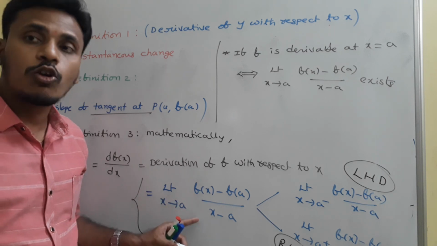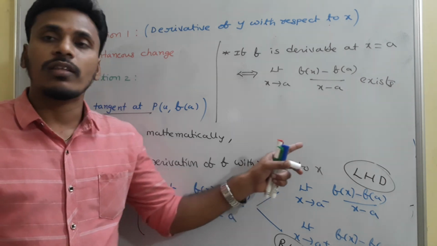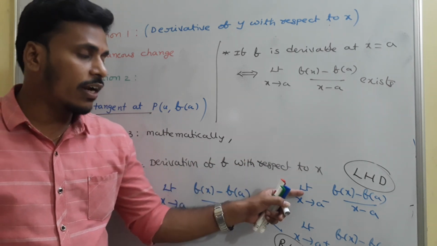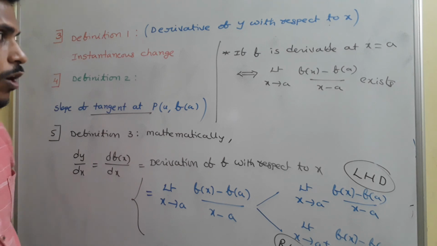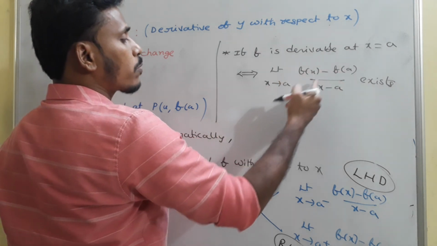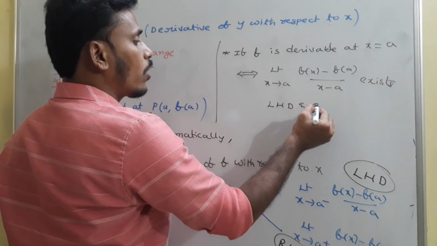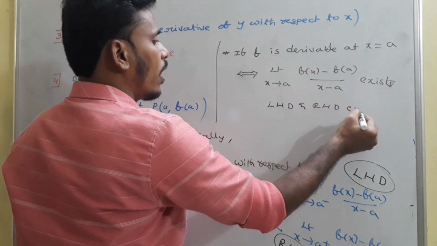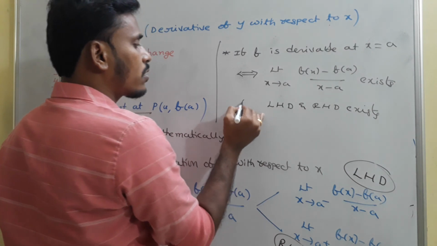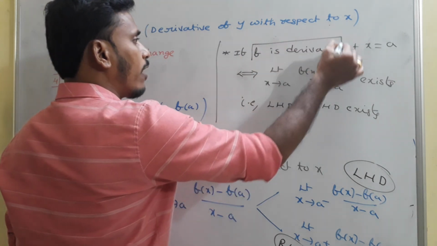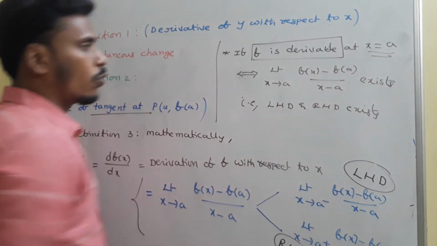As part of the calculation, once we go with the left hand derivative and once with the right hand derivative. If the left hand derivative and right hand derivative both exist, then that limit exists. If that limit exists, then we conclude that f is derivable at x equals a.